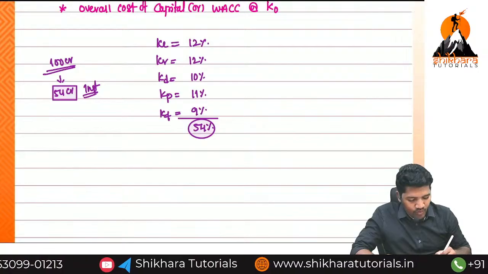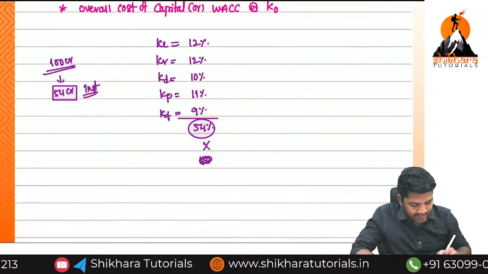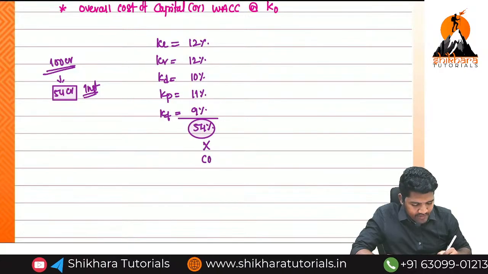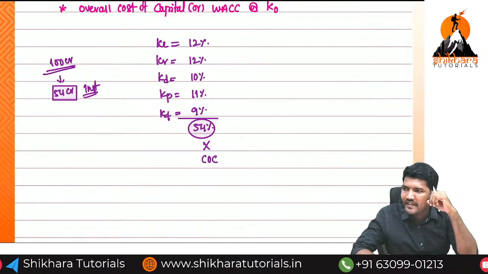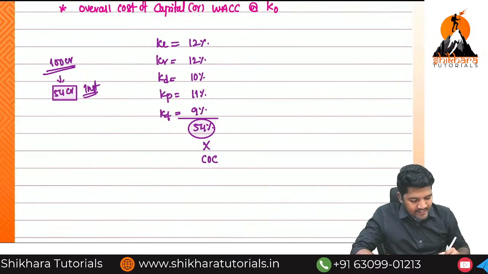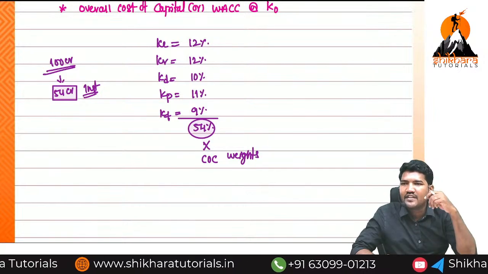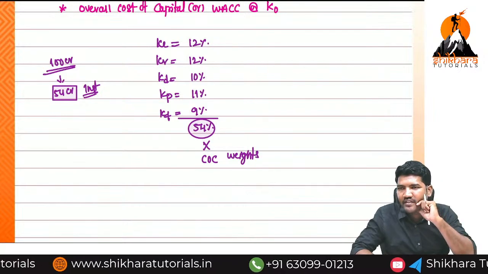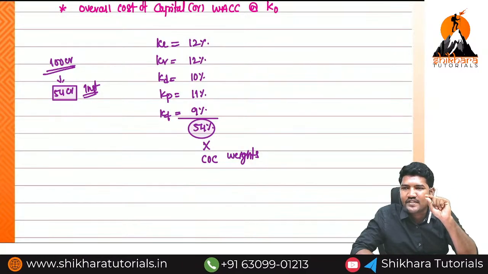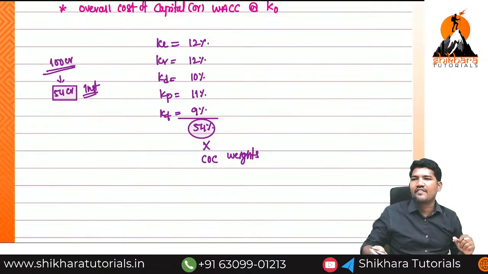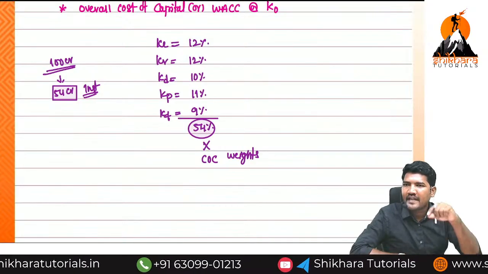That's why we are not using the words overall cost or cost of capital. So what is the real cost of capital? If you consider weights, then you will get the overall cost of capital. That is the purpose they use the term weighted average cost of capital. This is not a simple cost of capital calculation, guys.